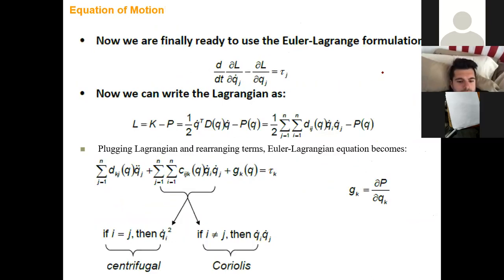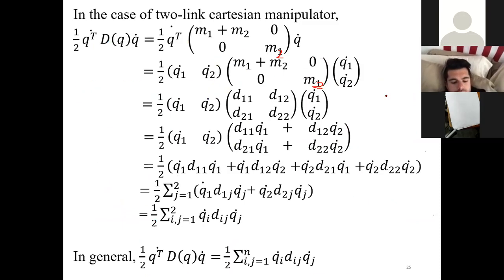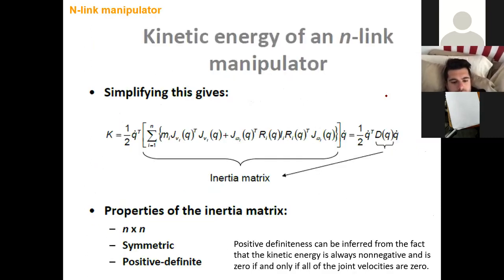Now I'll slowly move to the equation of motion because we have K, right? We have K and we have the P, right? Then how do you find the Lagrangian if you know K and P? Lagrangian is L equals K minus P, right? Now we are in a position to form the Lagrangian, which is K minus P. So K is this guy.